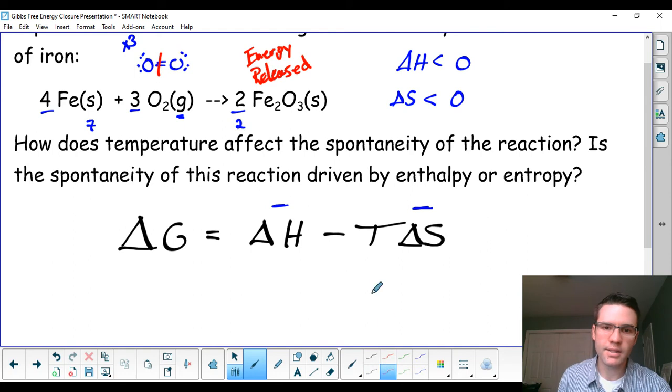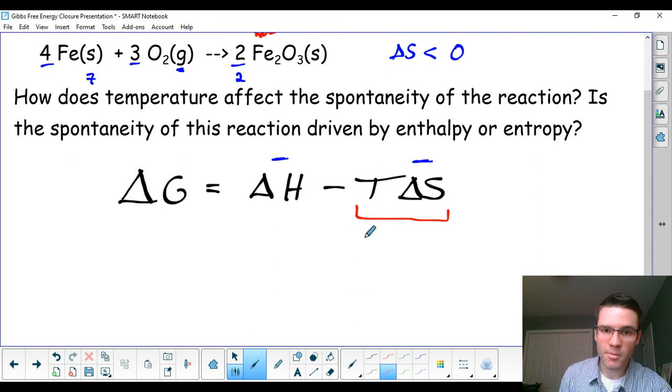And it'll be spontaneous at temperatures where this term here, we have a negative value minus negative, that's adding, so a negative plus a number. If this number is large enough, we're going to get positive Gibbs free energy changes. And so at temperatures that are high, this large number here equals positive Gibbs free energy.